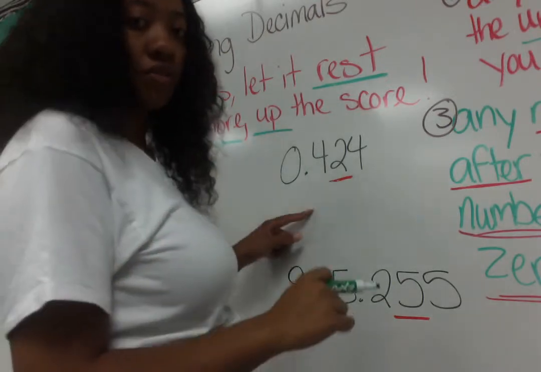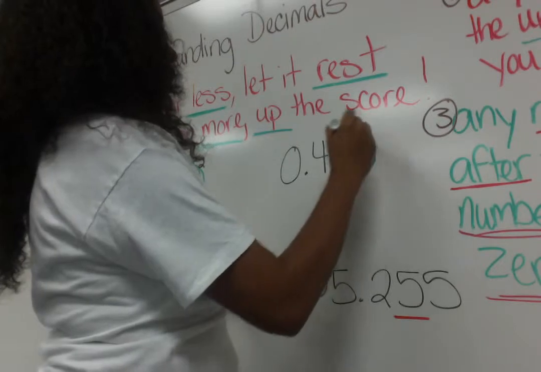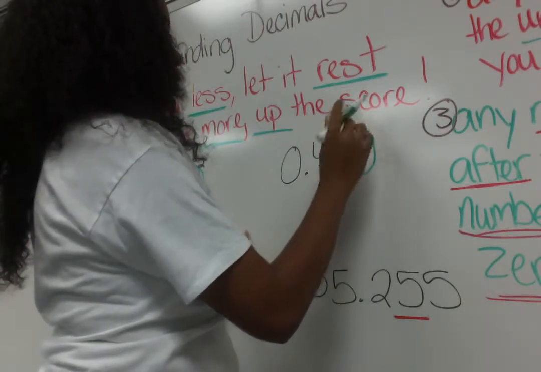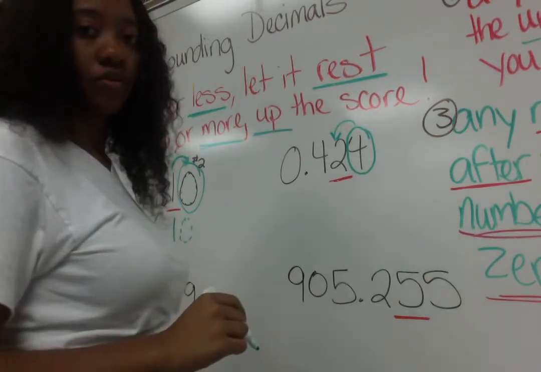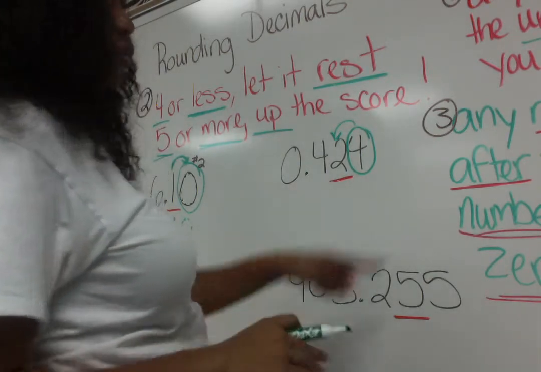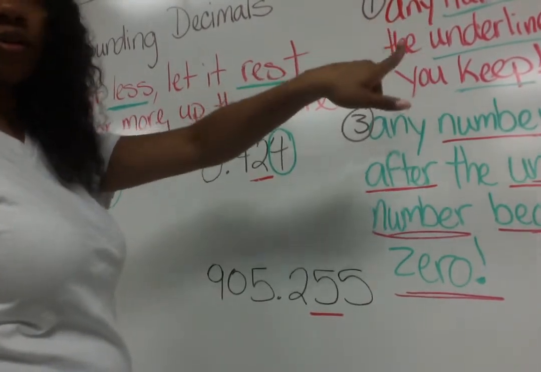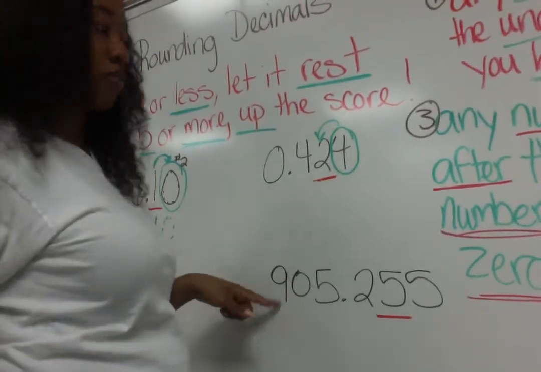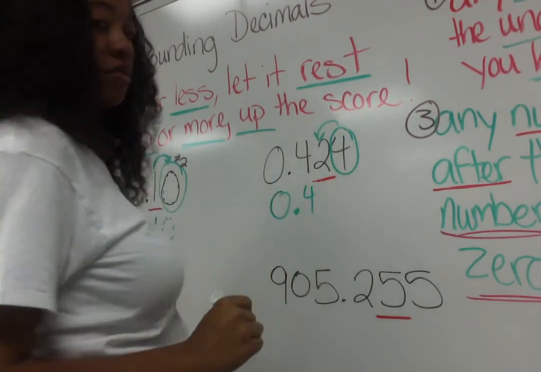All right, let's go into this one right here. I'm going to circle the number behind the underlined number to know what happens to my 2. Following rule number 1, any number before the underlined number you keep. So I'm keeping the 0, the decimal, and the 4.